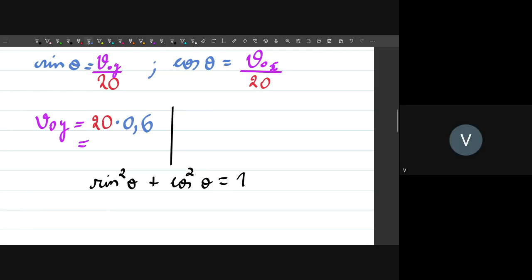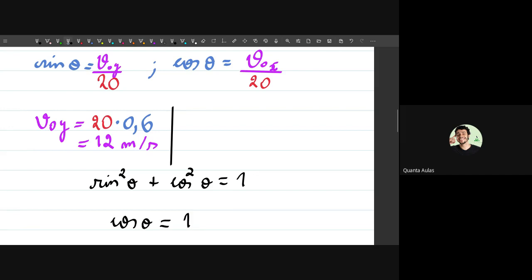It's 12. 12, okay. But you need to tell me the unit of this problem. We are speaking about velocity, right? So this has a velocity unit, meters per second, right? You cannot forget this because the Portuguese teachers are very picky about these things, okay? You need to remember.